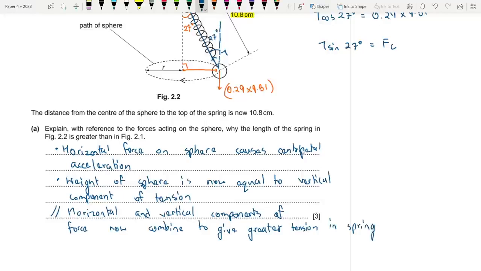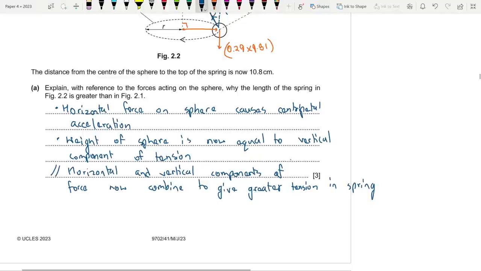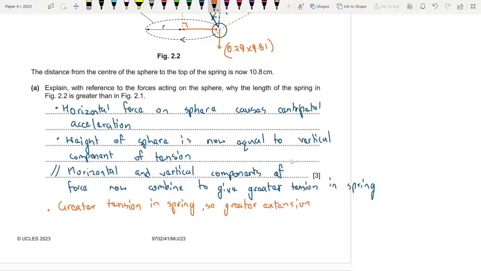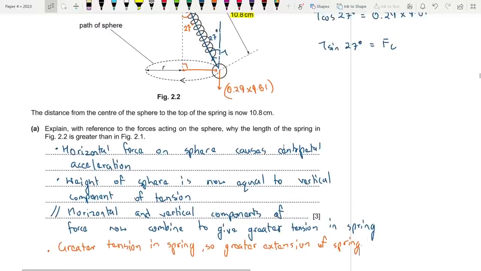Fine, that is the point I was talking about, okay? So there is now a horizontal force on sphere which causes the centripetal acceleration, and the horizontal and vertical components of force actually combine to give a greater value of tension. So since there is a greater tension, there should be greater extension. Greater tension in spring, so greater extension of spring. Pretty straightforward, yeah?